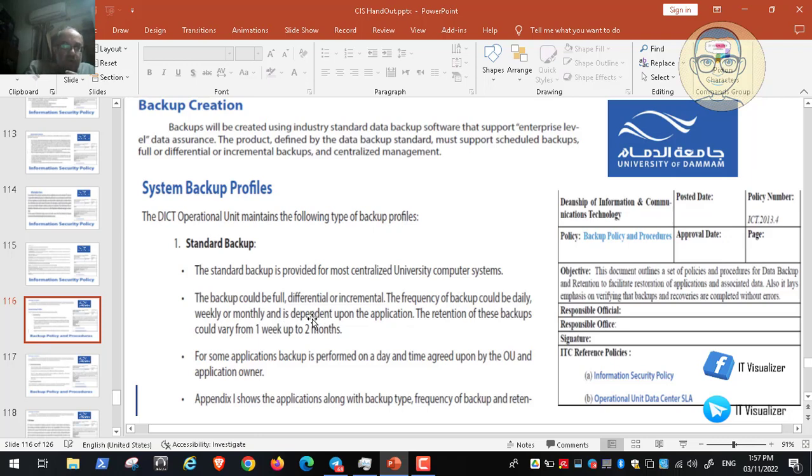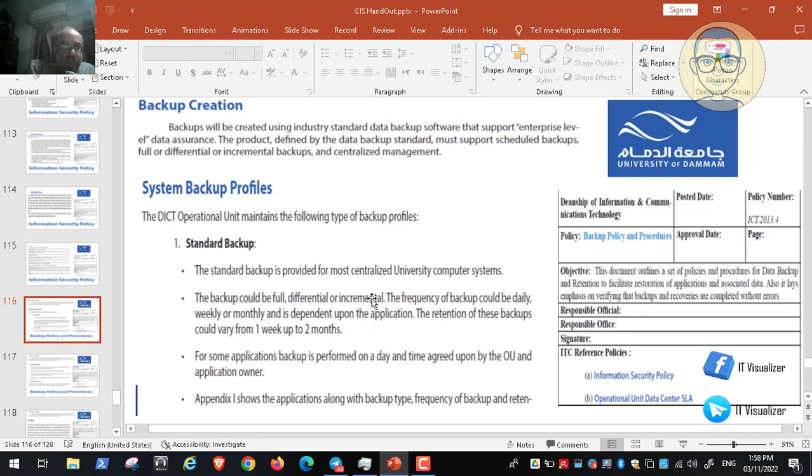It depends upon the university's needs and the IT, or upon your operation. So it says that the standard backup could be weekly, monthly, or daily, depending on the application. I think this relates to the servers, not the workstations.